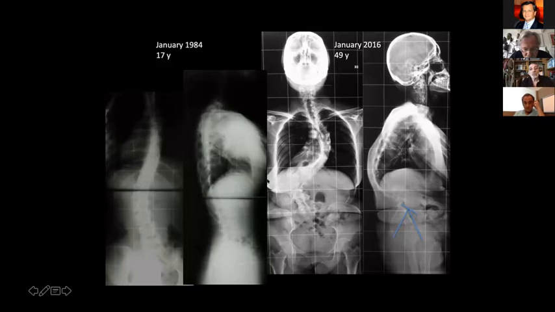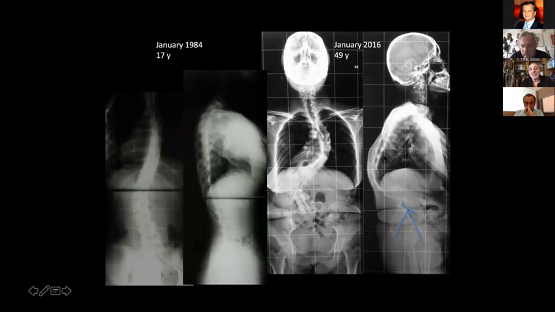As you can see in this example, this is when she was 17, and this is when she was 49. Here, once again, the same problem. You have a severe progression of deformities in the coronal plane, and also in the sagittal plane.